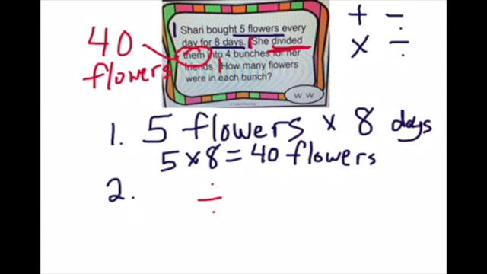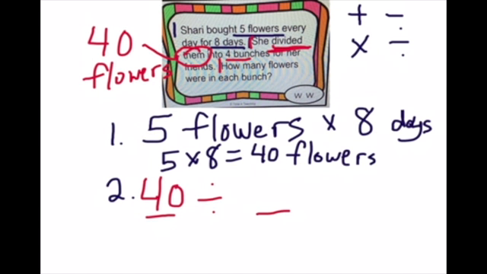So since 40 is a big number, and I noticed the other number is 4, right? She divided them into 4 bunches. What goes first in the problem and what would go second? The total number of flowers should go first, right? And that's our big number, 40.